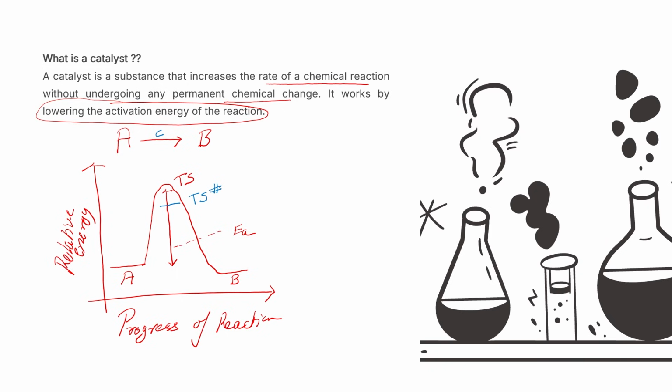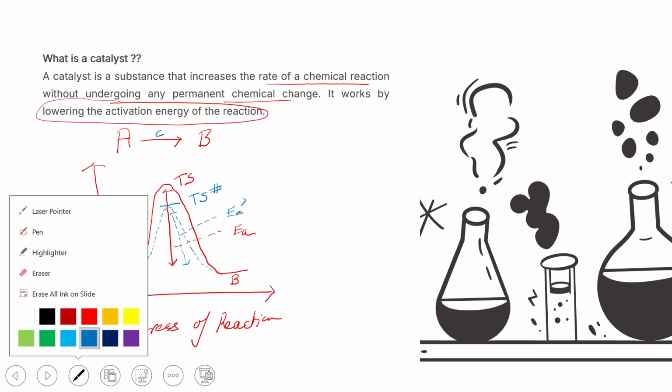This transition state allows us to perform the chemical reaction at a lower activation energy, which has been represented by the blue dot. In this case, the activation energy required to perform the chemical reaction is equal to EA dash.